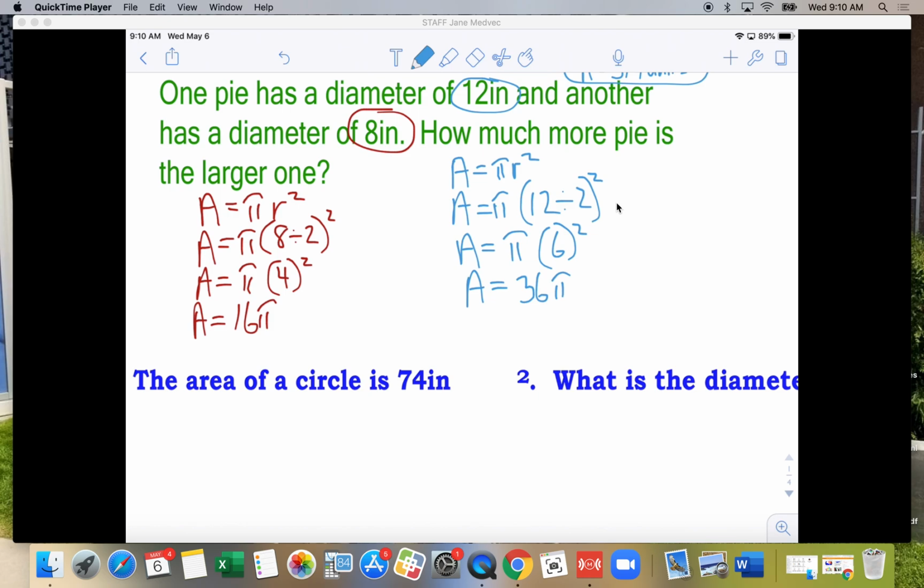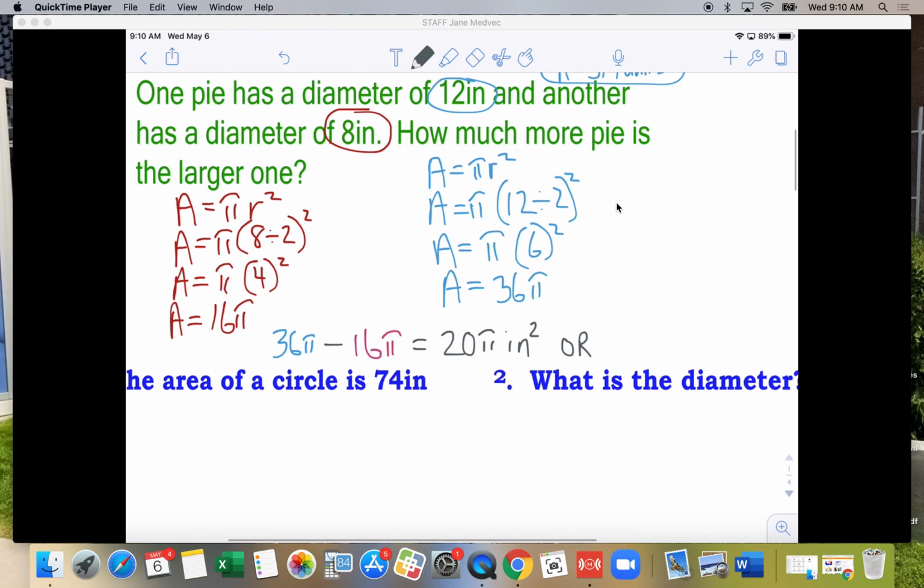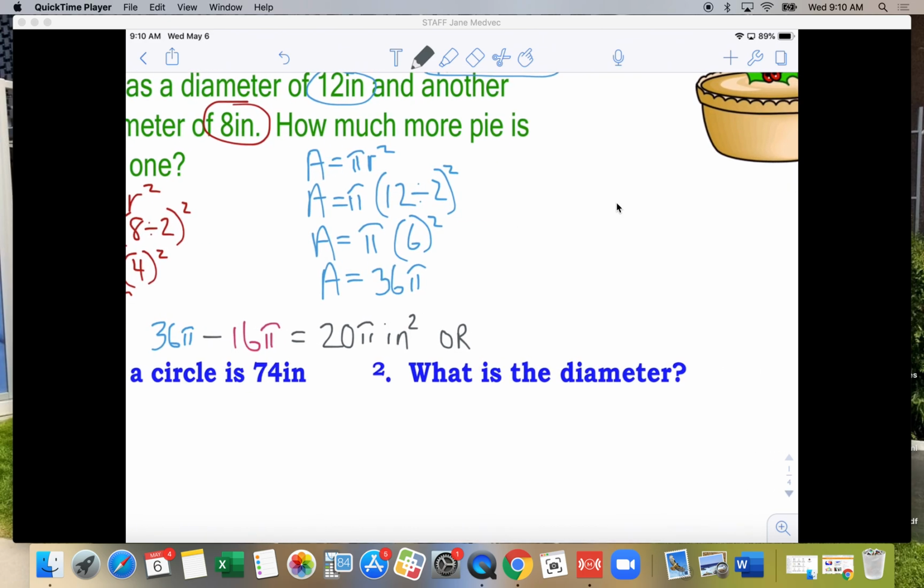To do that, I would take 36 pi and subtract the smaller pie, which was 16 pi, and I would end up with 20 pi inches squared, or you can figure that out using 3.14, 62.8 inches squared.